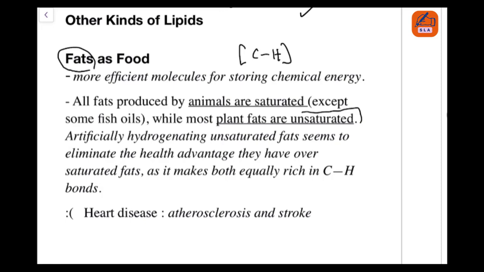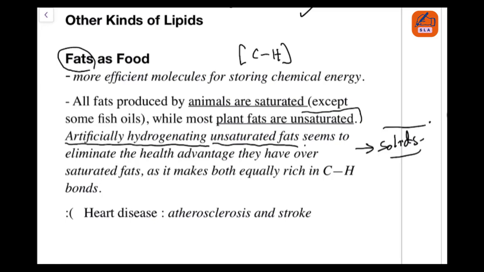So what scientists have discovered is a concept of artificially hydrogenating those unsaturated fats to make them solids, or to solidify them.